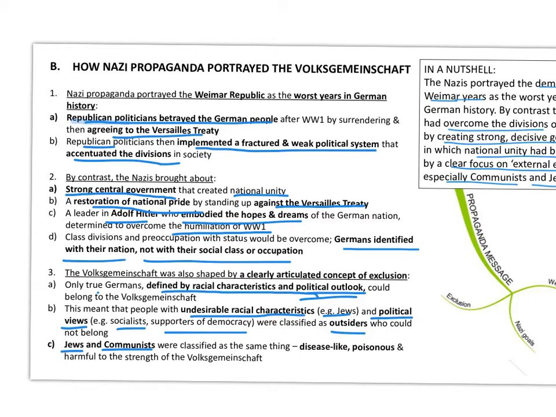And because Jews and communists were both international groups, and because many of the Russian leaders who created communism in 1917, the Soviet leaders, were of Jewish background, in Hitler's mind they became the same thing. Jews and communists were disease-like, they were poisonous, they were harmful to the strength of the Volksgemeinschaft. Okay, let's move on to the next one.